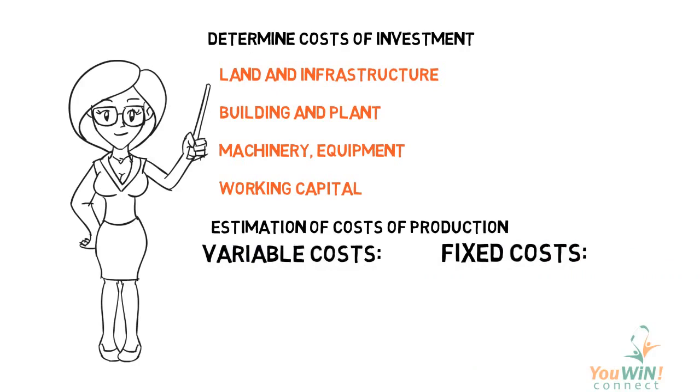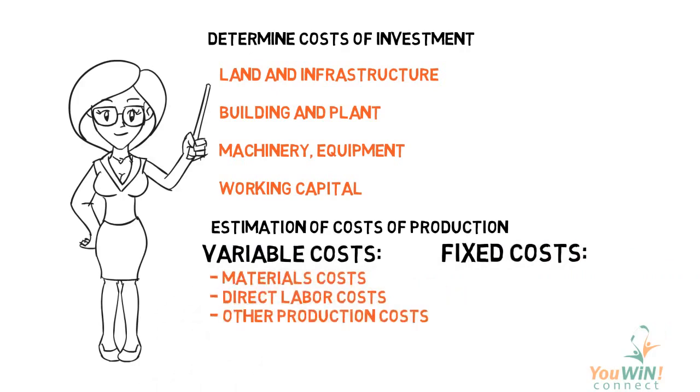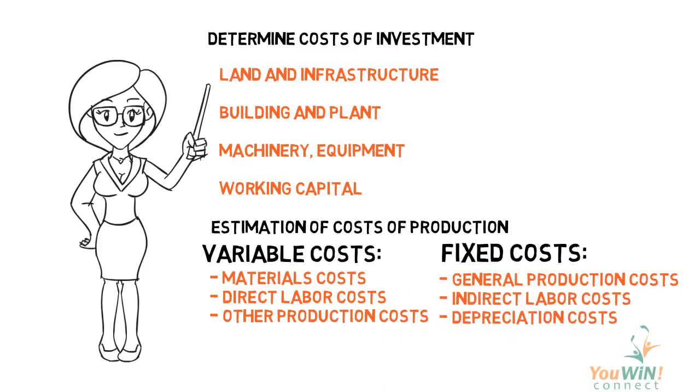Variable costs include the cost of materials, talking in terms of raw materials now, the cost of raw materials, labor that is directly related to the production process, and other production costs. Fixed costs include general production expenses and indirect labor costs, and of course the cost of depreciation on the equipment.